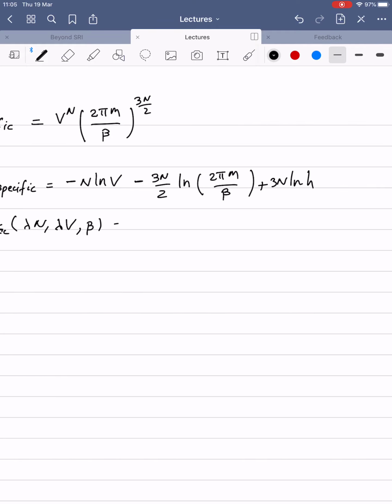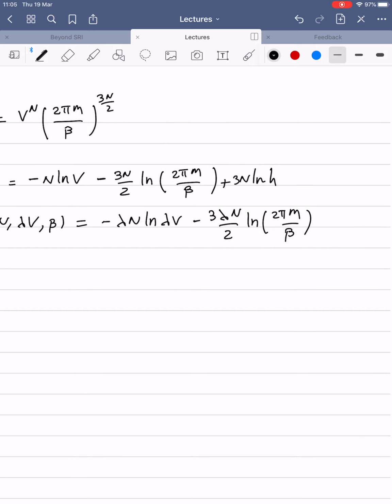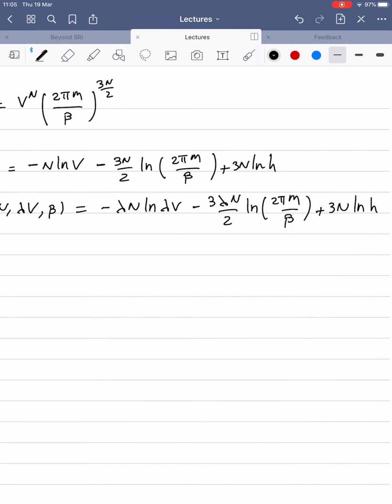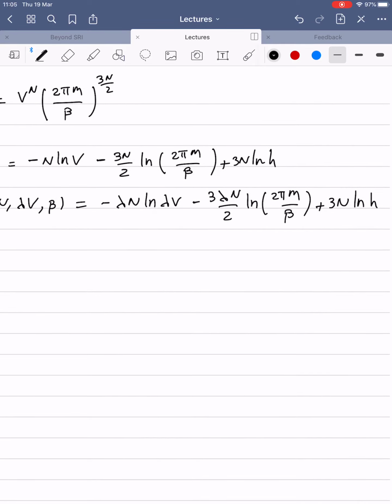So what we'll get is minus lambda n log of lambda v, and then minus 3 lambda n over 2 log of 2 pi m over beta, and then plus 3n log of h. Okay, so what we see here is that there is kind of a problem.